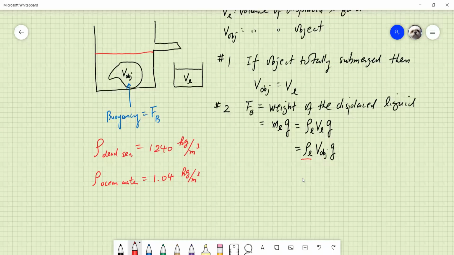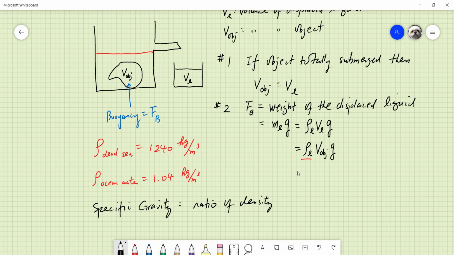Now we introduce another concept, then we're going to do some examples. Here we have a term called specific gravity. What is specific gravity? Specific gravity is defined as the ratio of the density of an object to a fluid.